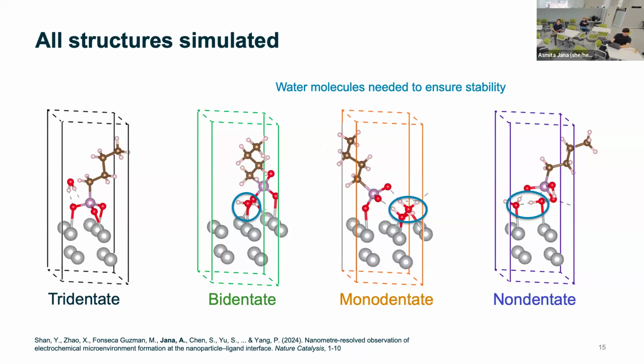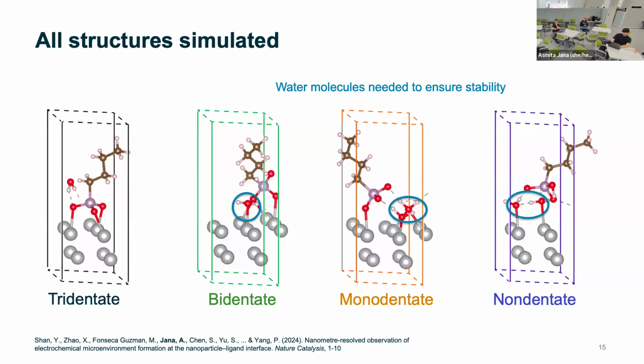And then finally, no oxygen is bonded, and it would be the non-dentate structure. Now you can see that the non-dentate structure is the one we are interested in, because this is a structure in which the ligand is completely detached from the surface and creates this pocket. So non-dentate is the nano-confined structure of all 4 possible structures, right?